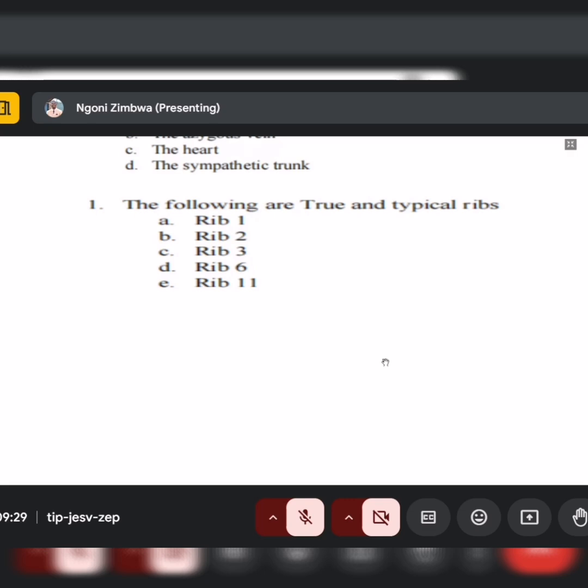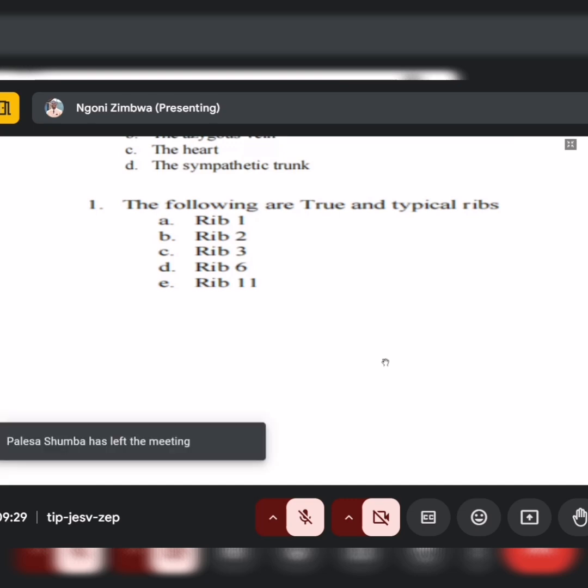Then typical ribs, these are rib number 3, though some texts actually include rib number 2, to rib number 9. Atypical ribs are rib number 1, rib number 2, rib number 10, rib number 11, rib number 12. Those are your atypical. So you want true and typical.